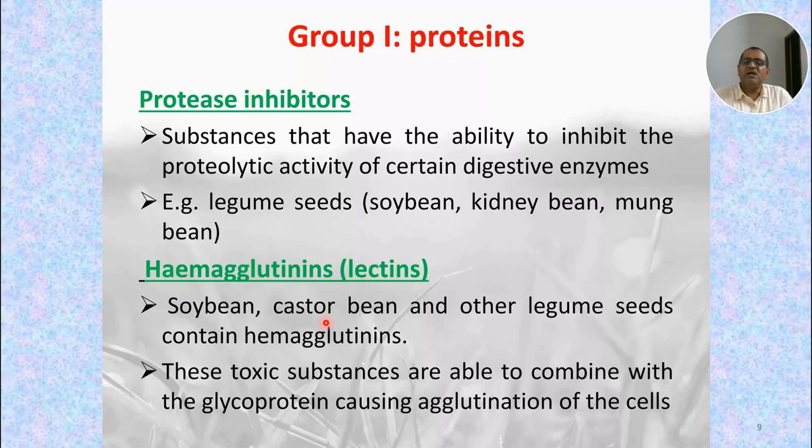For example, the soybean seeds. Even though soybean is one of the better proteinaceous materials, it is going to cause the decrease in activity of many enzymes. The kidney bean is another proteinaceous material.